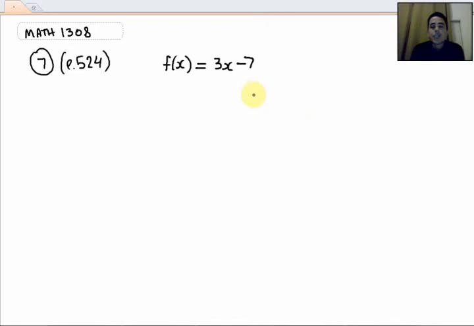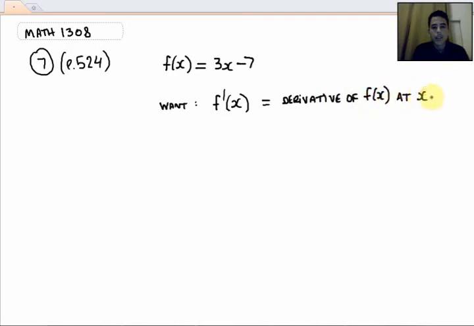Okay, the derivative is a slope. But let's try to use the formula so you can practice, because not everything will be linear like this one. So this is what they want. They want a formula for the derivative of f of x at any x.